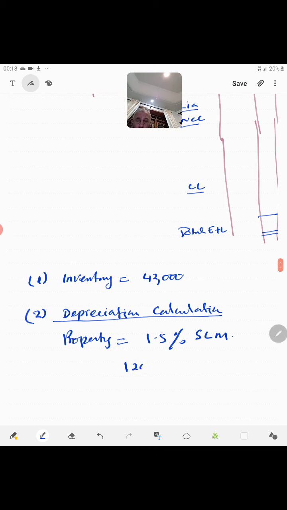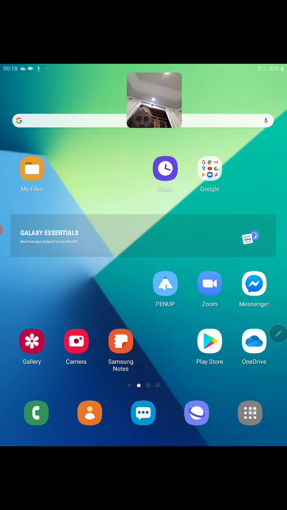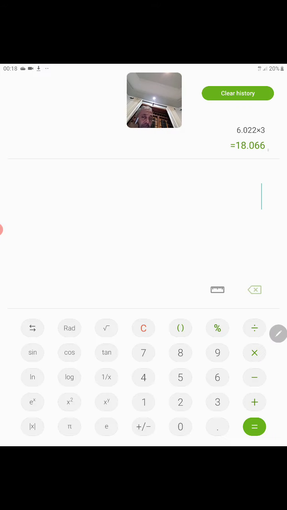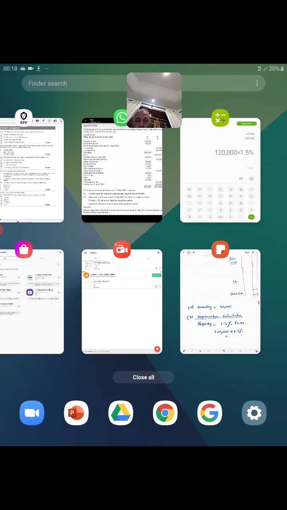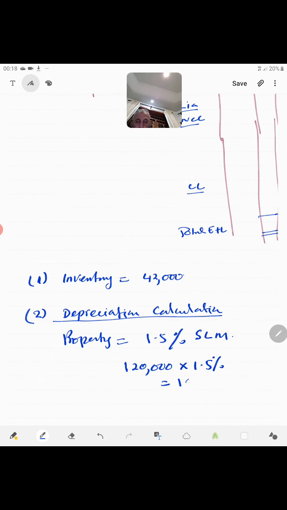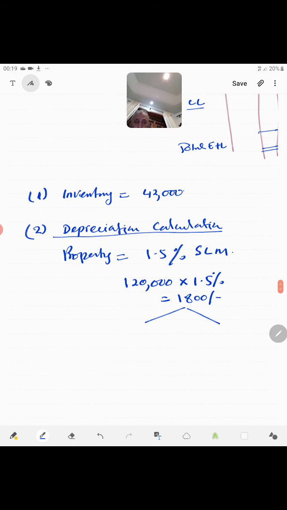So 120,000 into 1.5%. Let's work out. 120,000 into 1.5% is 1,800. So that is your depreciation for the year. The double entry for this: you need to debit depreciation expense and credit accumulated depreciation.